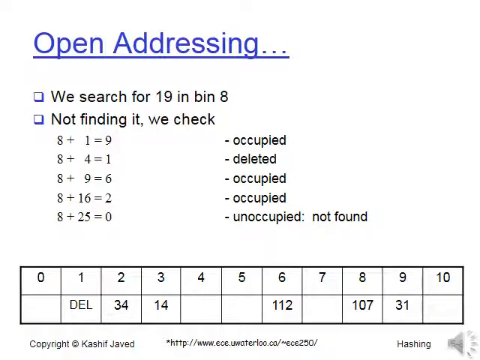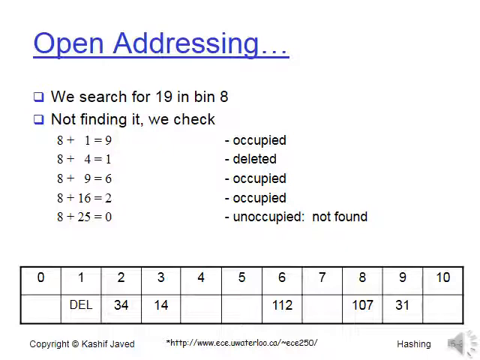Further to deletions, let's take a number that was never inserted into our sequence of numbers. Let's pick number 19 and find it in the hash table by using the quadratic probing approach. We start by checking the location of the bin the number should have initially been hashed into.